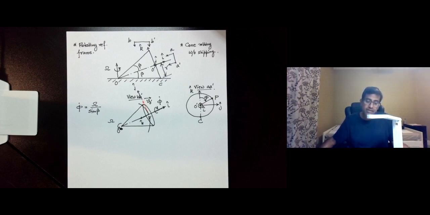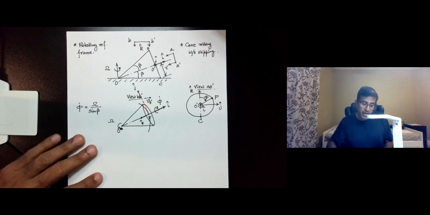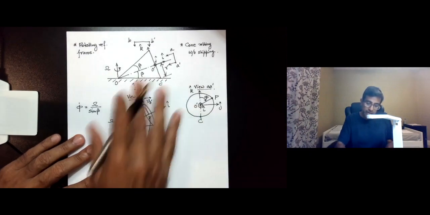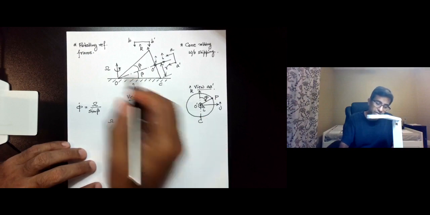One of the approaches that helps us understand rigid body dynamics better is to take these problems and solve them using various approaches, and one of the ways to try different approaches is to consider different rotating reference frames if you can. That is the reason why I have chosen a different rotating reference frame.